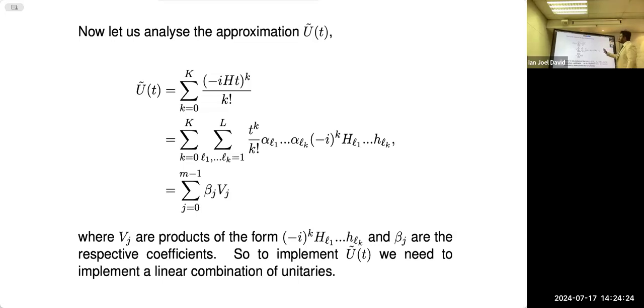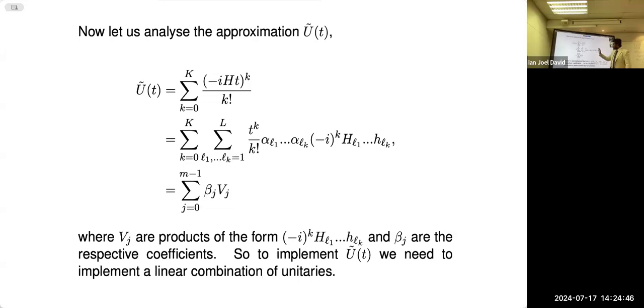So let's start by looking at our truncated Taylor series. We know H was just a sum of terms, right? So you have a sum of terms to some power k, and this you can use some simple algebra and some summation notation to rewrite in this following way here, where you have k sums, and you have products of the Hamiltonian here.